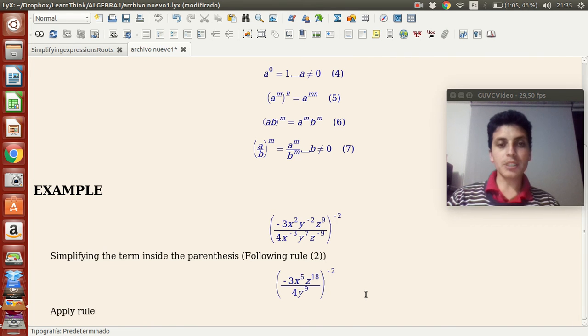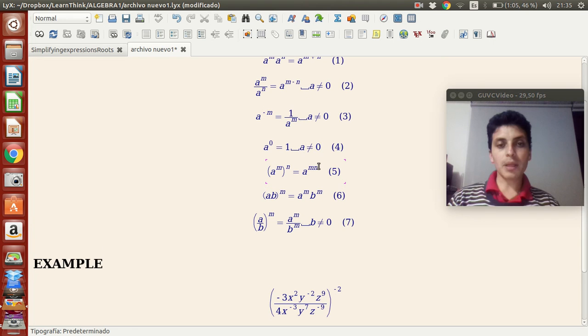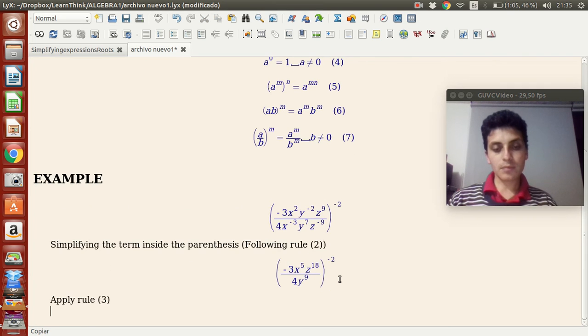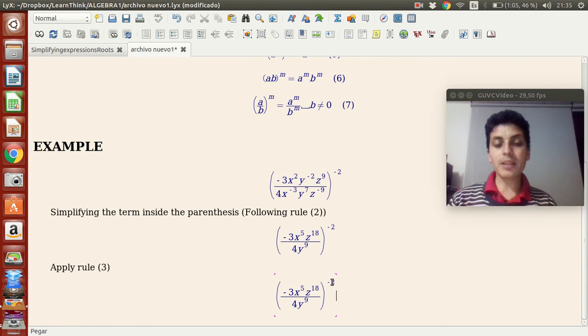Now I'm going to apply the property of the negative exponent, rule 3. Okay, so this is a negative exponent. I'm going to convert it into a positive exponent.